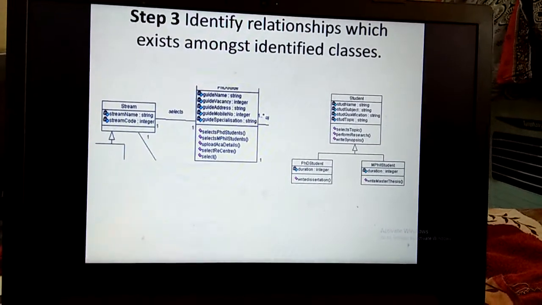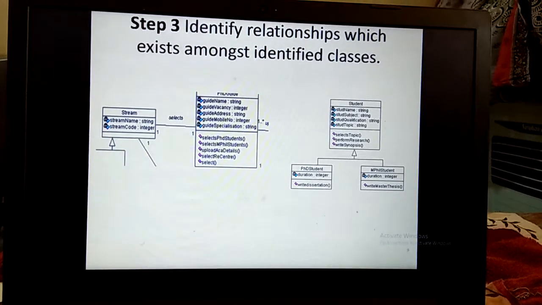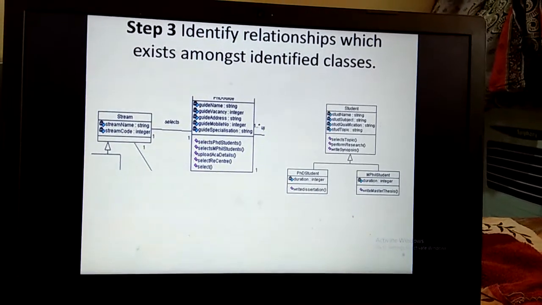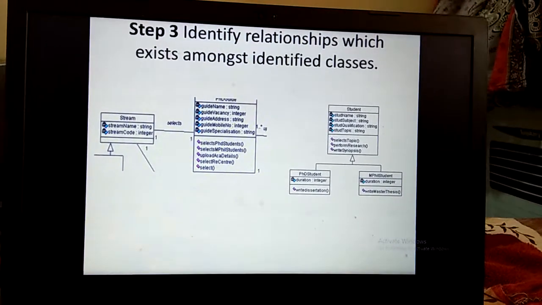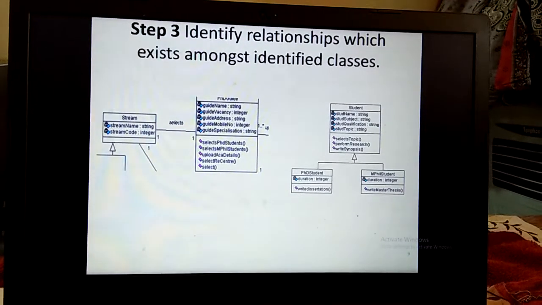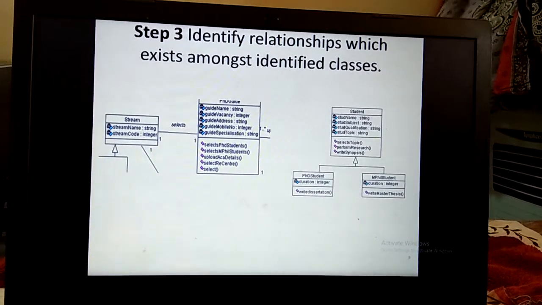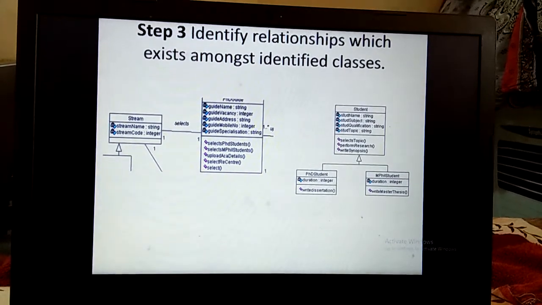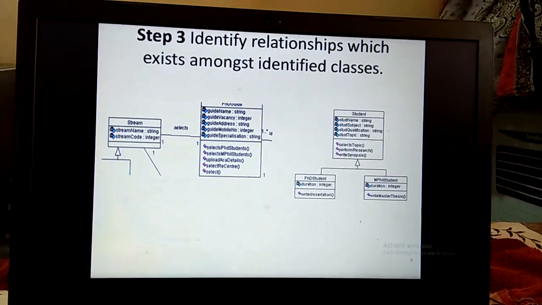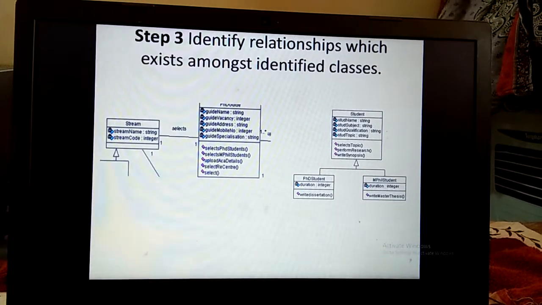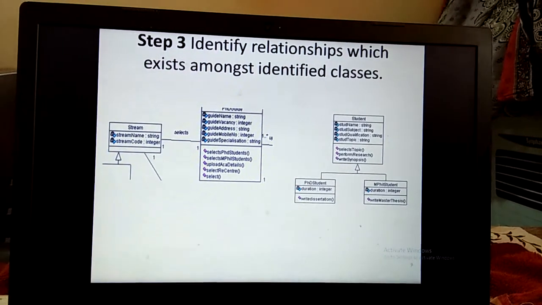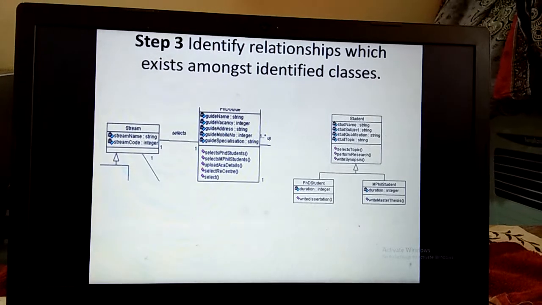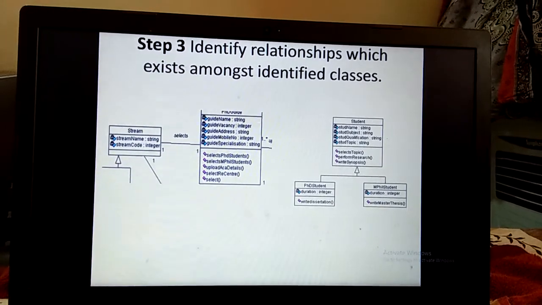So here, this selects becomes an association relation between the two classes. Also, I have given multiplicity amongst them. A PhD guide can select only one stream at a time. So 1:1 is the relation, or the multiplicity, amongst stream and PhD guide.